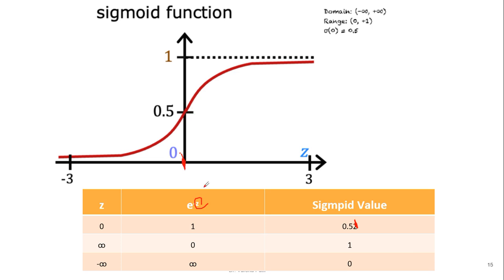So when z is 0, the equation is 1 upon 1 plus e raised to 0. E raised to 0 is 1, so 1 divided by 1 plus 1 is 0.5, so it becomes 0.5. When z becomes positive infinity, it becomes 1, and when z is negative infinity, it becomes 0. So it is bounded between 0 and 1.